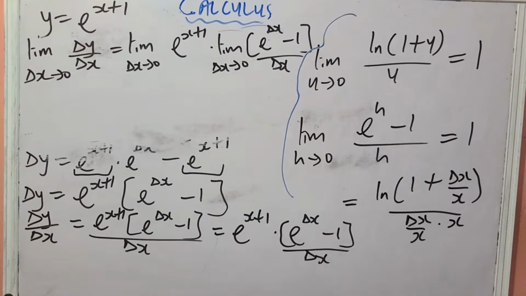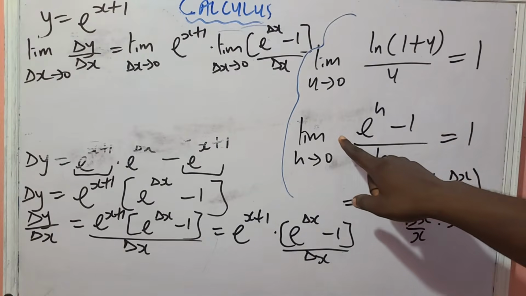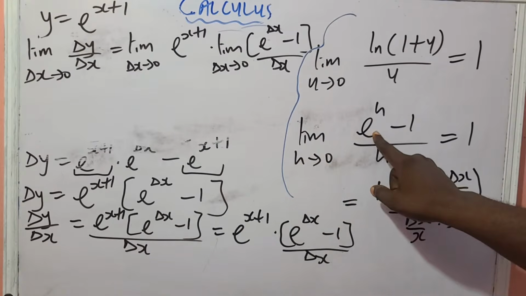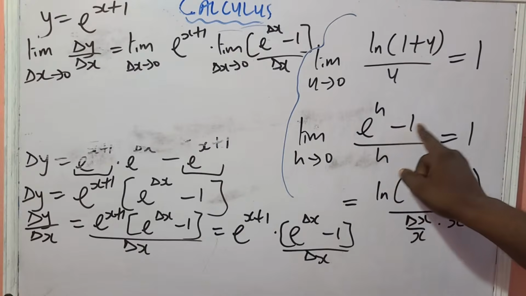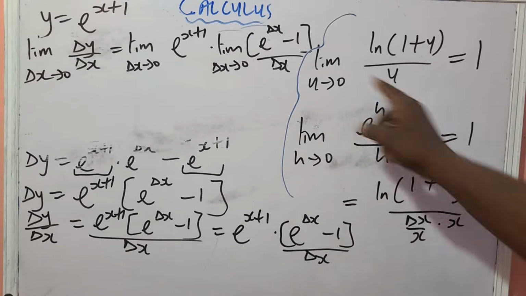Right? So now what do we have right here? Is somebody seeing something? Are you seeing something? We have this identity that said when you're taking the limit, as this tends to 0, of e raised to power the thing minus 1 over the thing, you look at it right here.